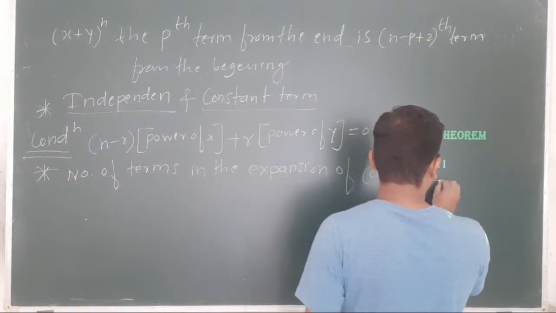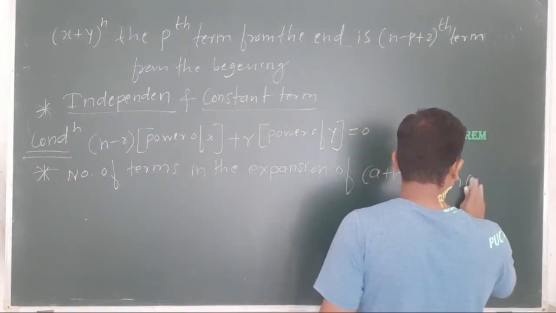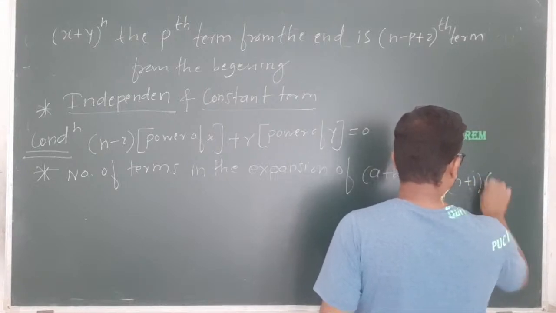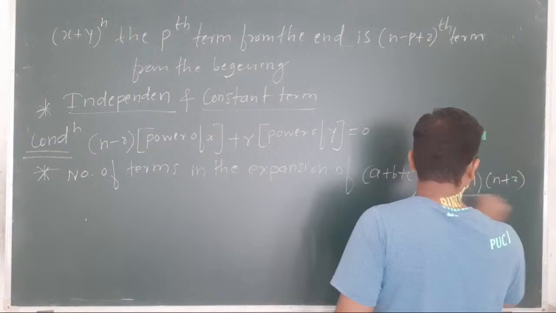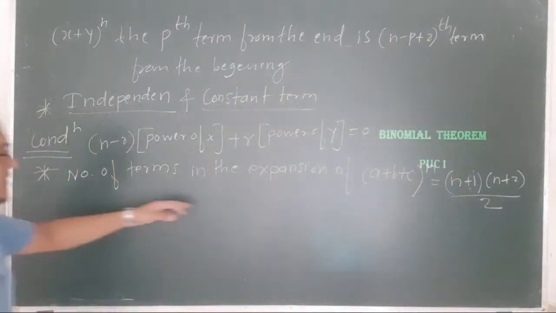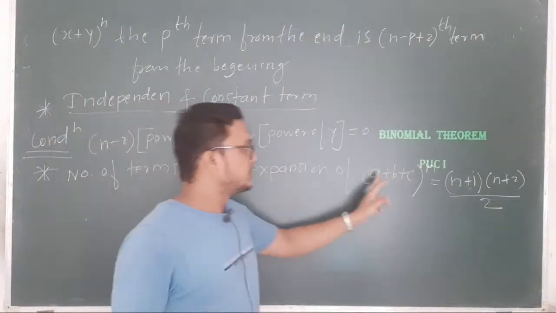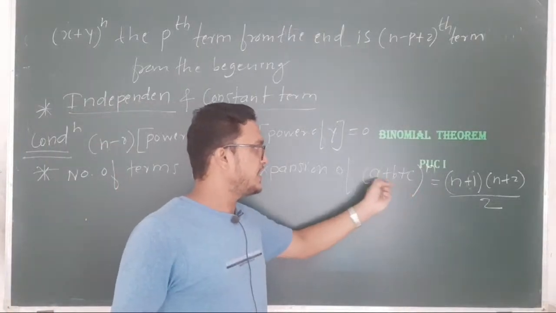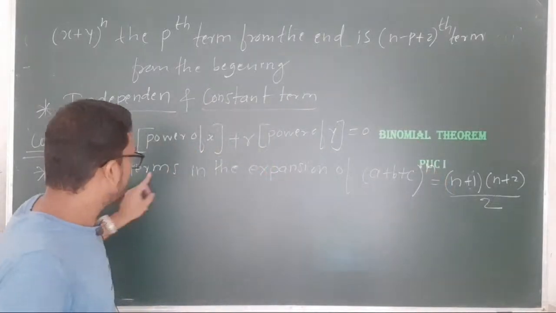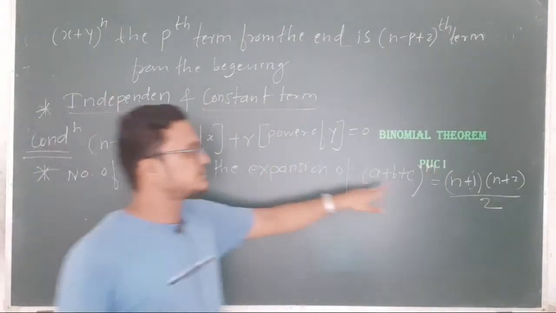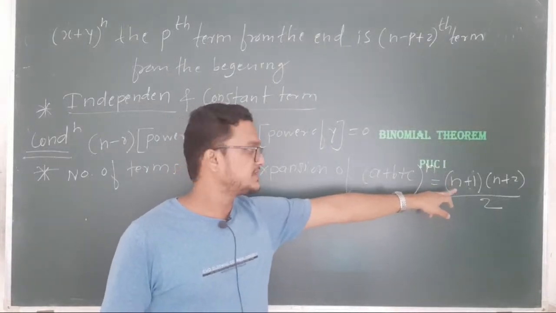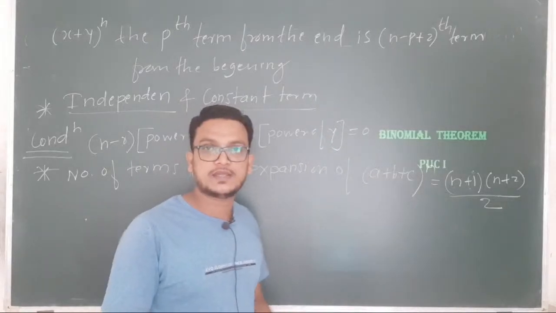It is given by the formula (n + 1)(n + 2)/2. If you are finding the number of terms present in this expansion, it can be found by the formula (n + 1)(n + 2)/2.